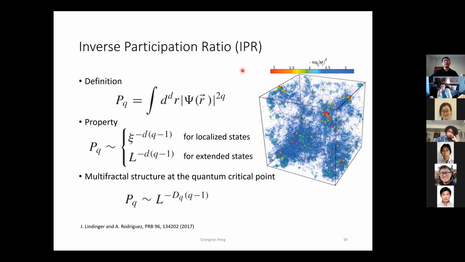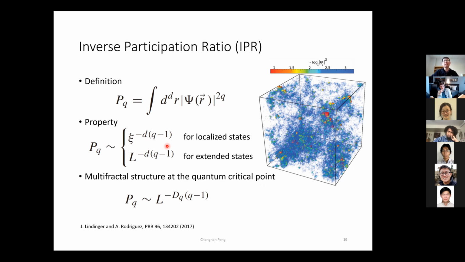We characterize the phases using the so-called inverse participation ratio. The definition is the 2q-th moment of the wave function. It has this property: in localized states, this q-th moment is independent of the system size.